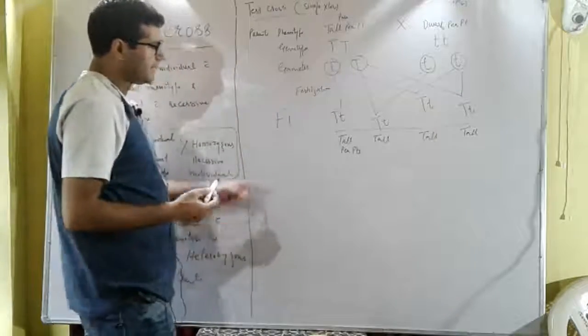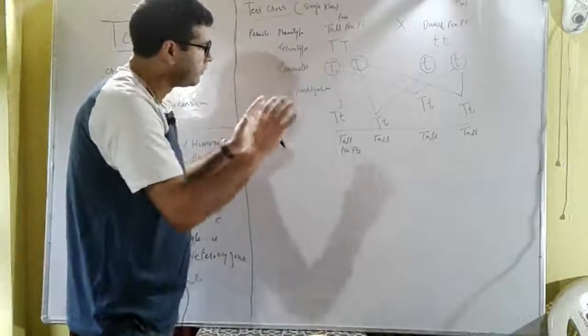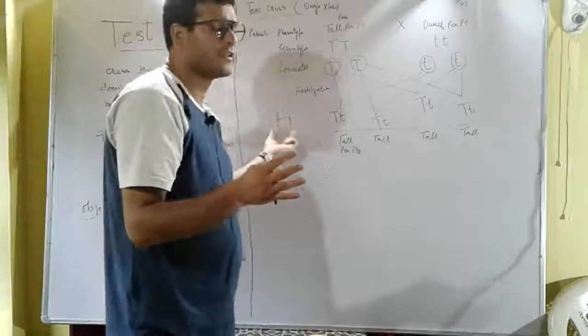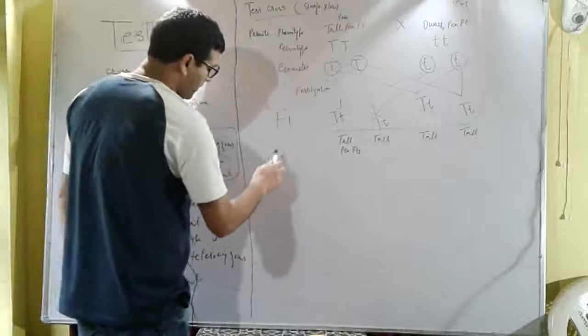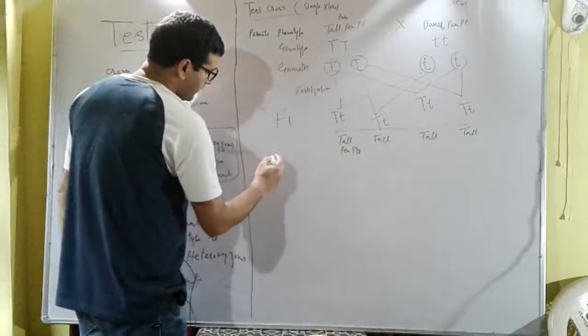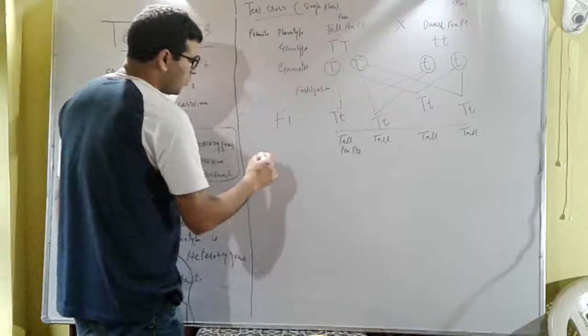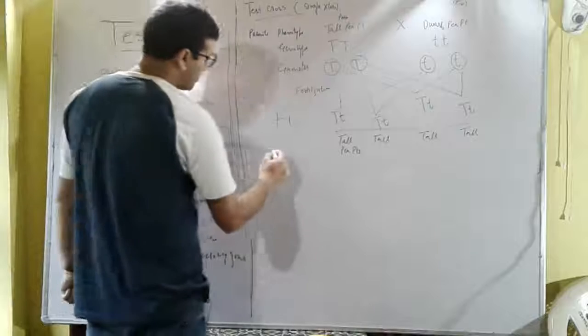Therefore we can say that the individual with dominant phenotype is homozygous for the trait, because we have obtained only the individuals with dominant trait in the F1 generation. Therefore the parent with dominant phenotype is homozygous.